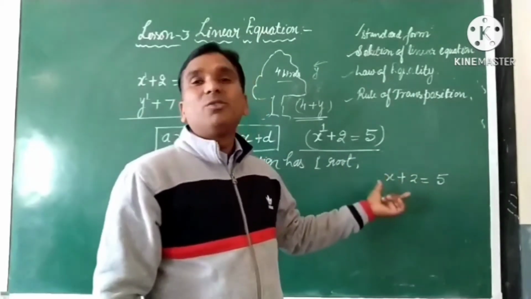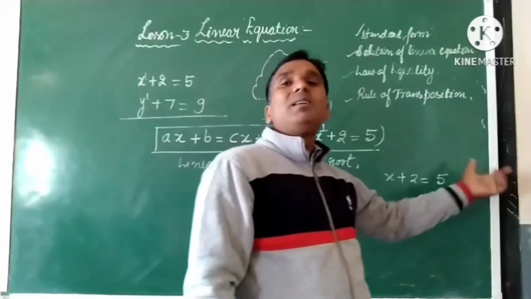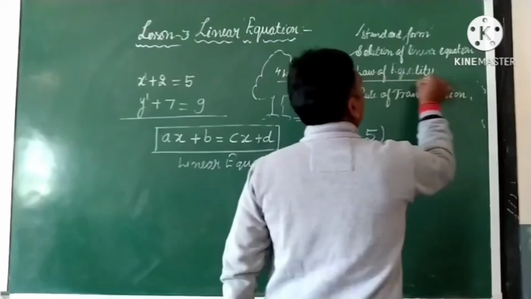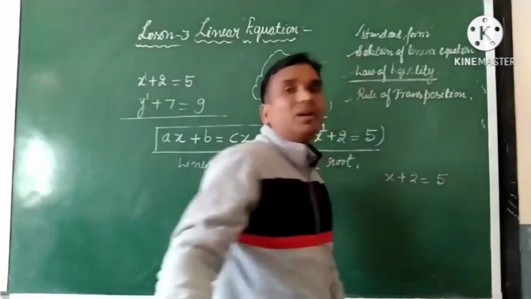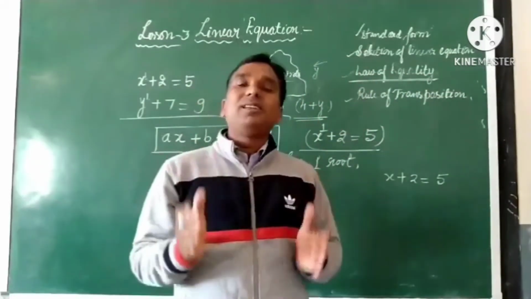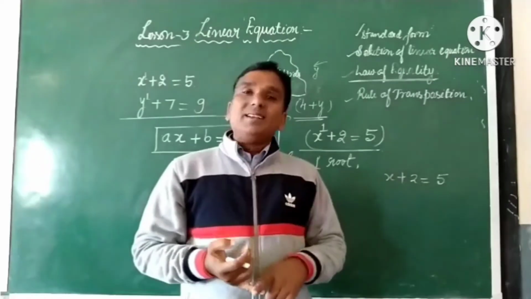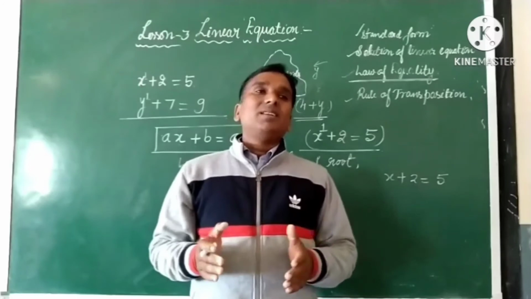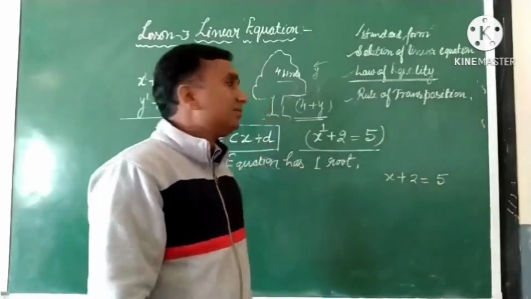Similarly, you can divide by the same quantity on both sides. So this is known as the law of equality. Means any linear equation can be added to, subtracted from, multiplied or divided by the same quantity on both sides.